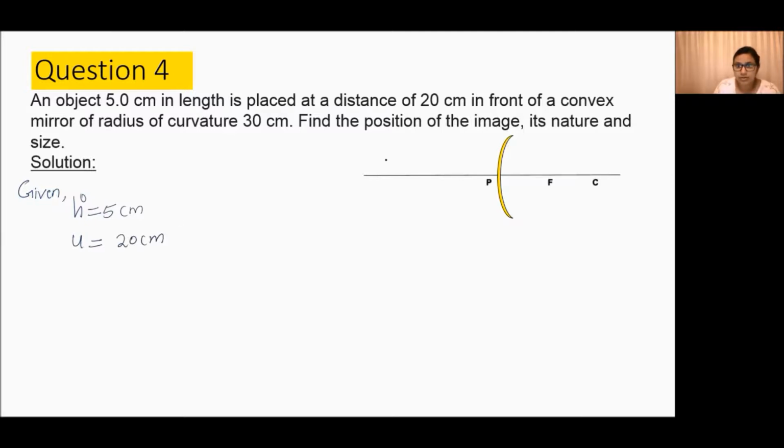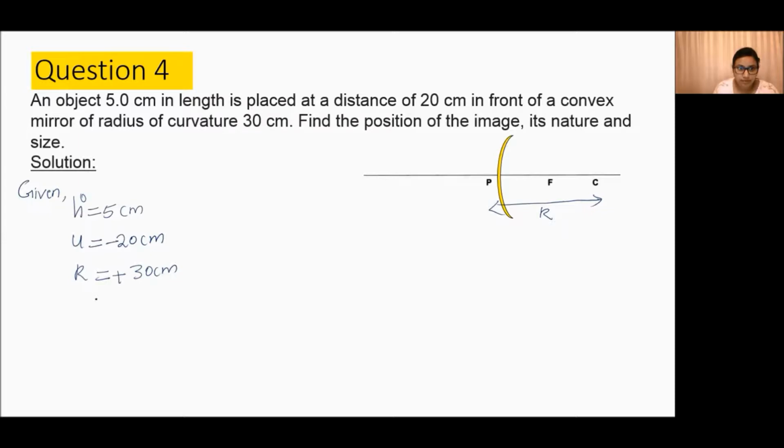According to sign convention, it is on the left side of the mirror, so it is taken as negative. And R is given 30 centimeter. So as per sign convention, the distance measured right of the mirror are taken as positive. So R is taken as positive.